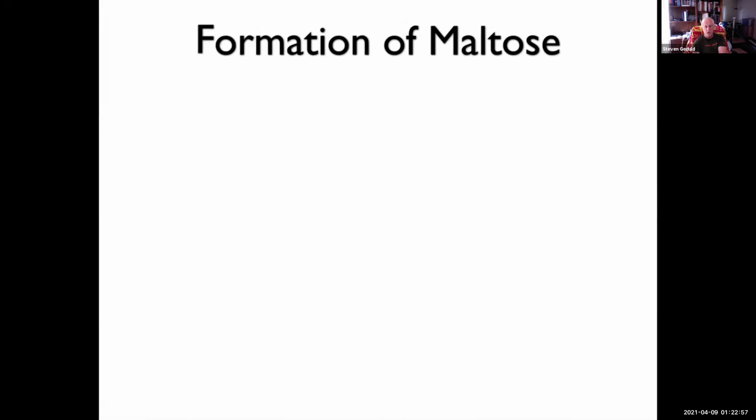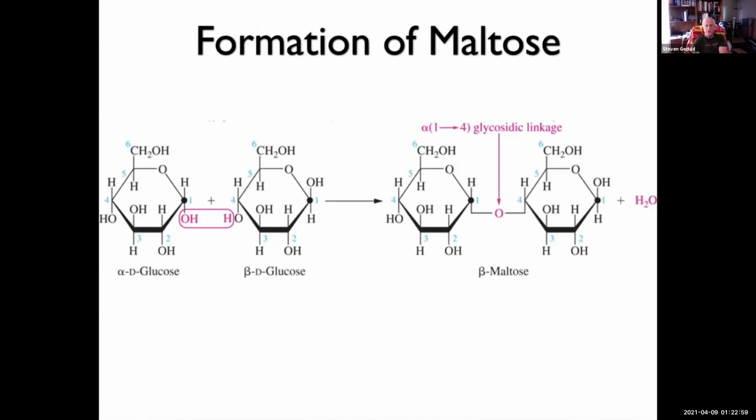So, formation of maltose. It's alpha D-glucose and beta D-glucose. This is alpha because the OH group is down. This is beta because the OH group is up. So you're going to form a linkage between alpha D-glucose and beta D-glucose, because when it forms a cyclical structure, which it does in the body, it's a 50-50 mixture.